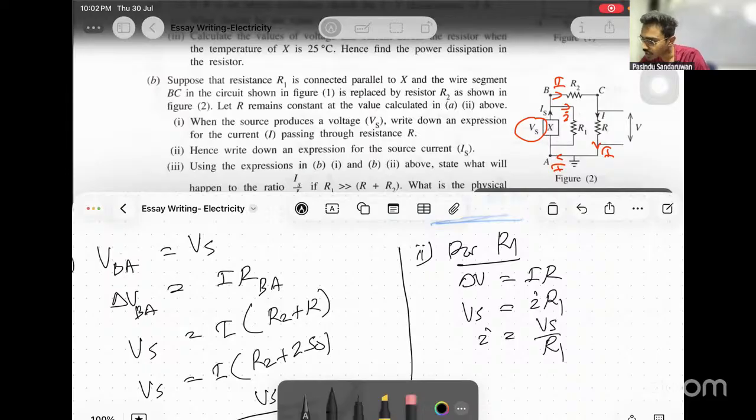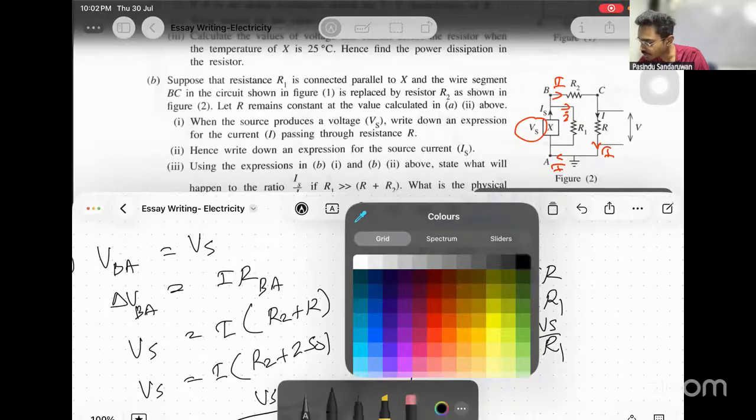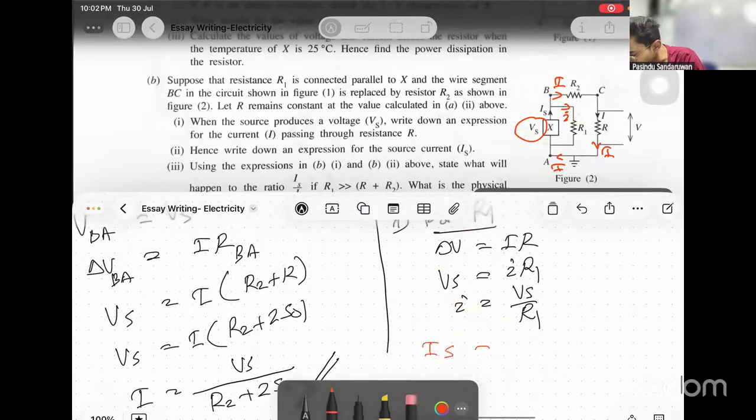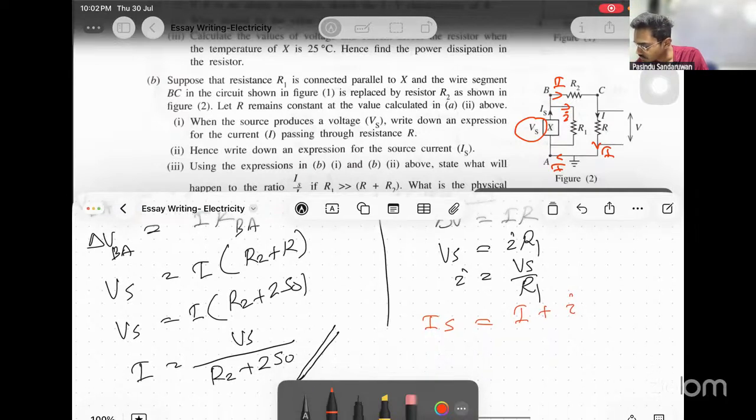Now, I know Is has divided into 2. Be with the question from the beginning. Always when you do essays, it has a nice flow. We have to stay focused on the question from the beginning. When you are going in that flow, Is is the addition of I plus small i.